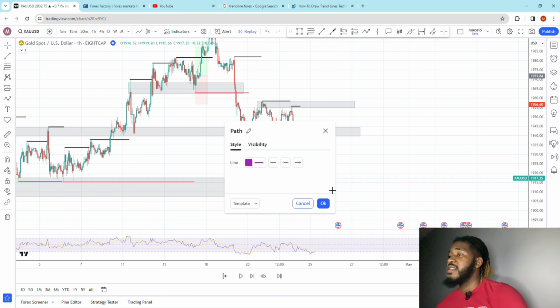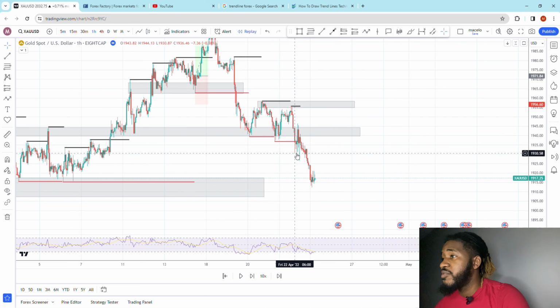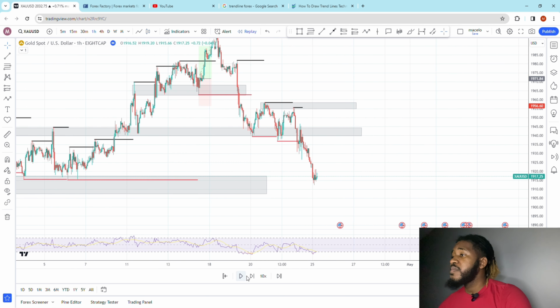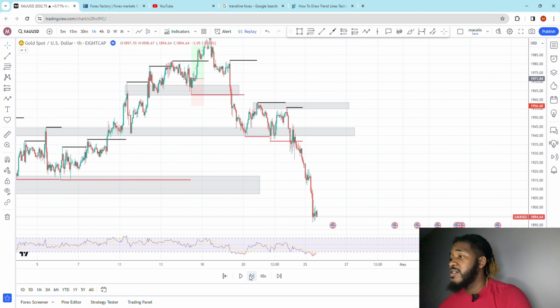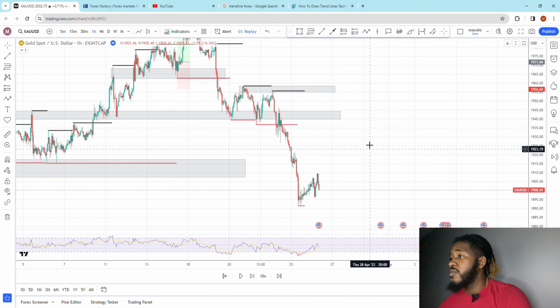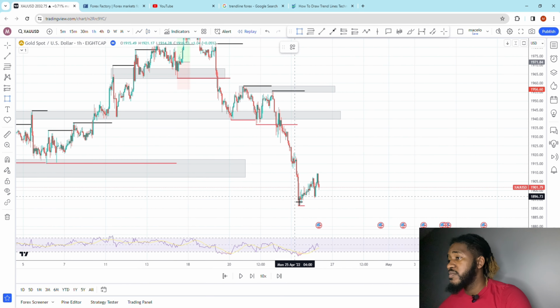But other than that, you still had a nice break, retest, push down. Nothing you could do about that. We found new support at the moment here.